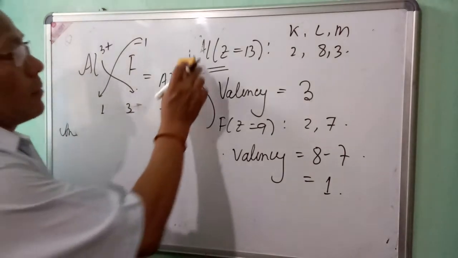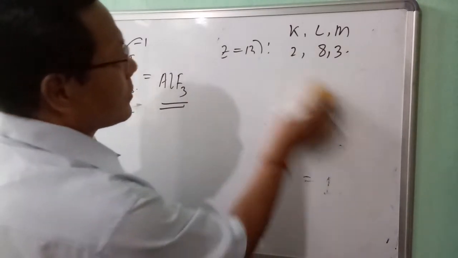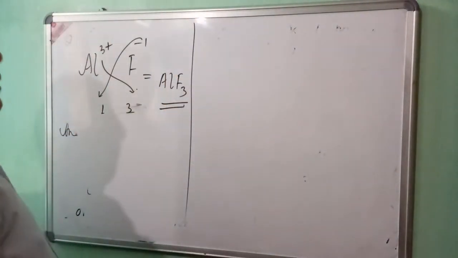This compound has one aluminum atom and three fluorine atoms. Then let's draw the Lewis structure.